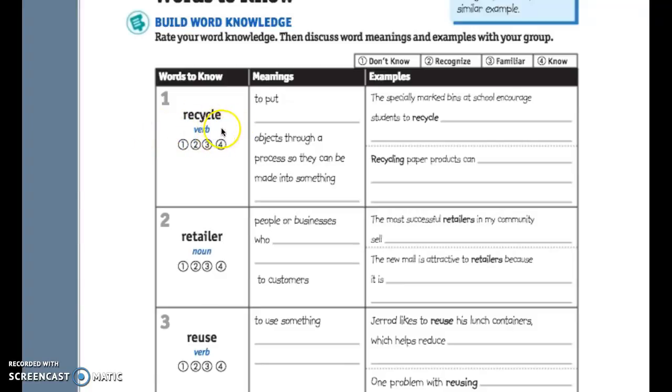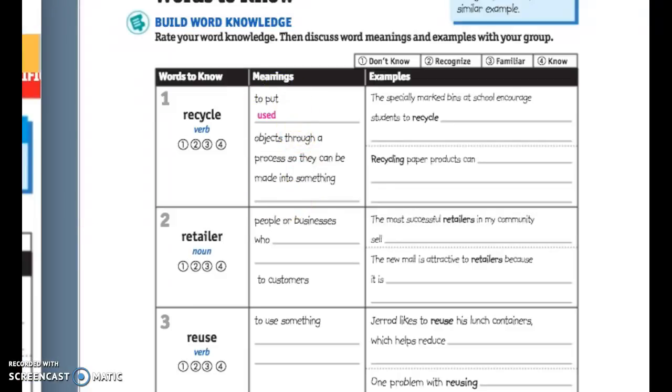Whenever you see a verb, it's something that you can do. So this is something that you do, and we see the meaning here is to put objects through a process so they can be made into something. All right, so that's something that you're doing, obviously. And here's the words here. So it's to put used objects through a process so that they can be made into something new.